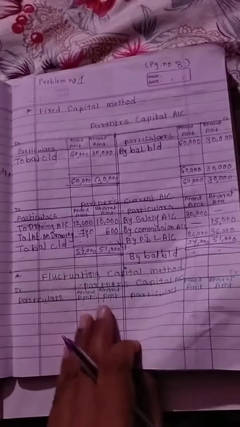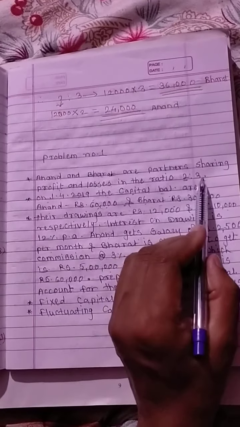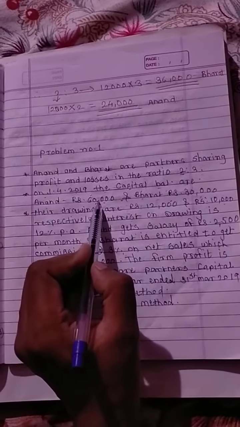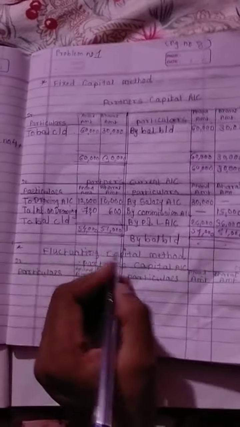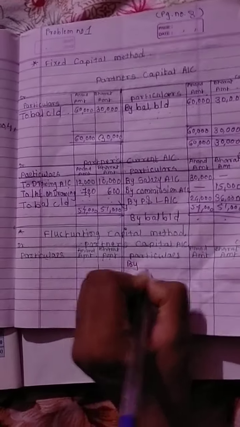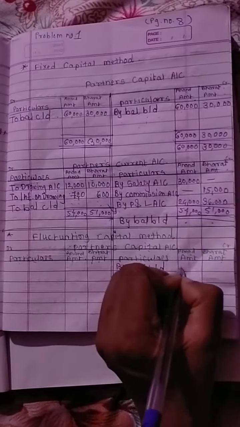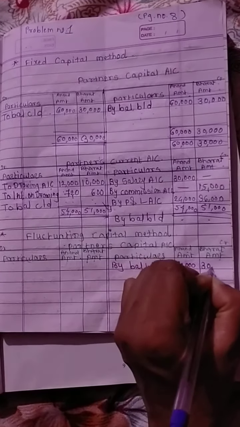The ratio is 2:3, Anand and Bharat, and the amounts are Anand 60,000 and Bharat 30,000. So how do we write the capital balance? By balance brought down, that is 60,000 and 30,000.